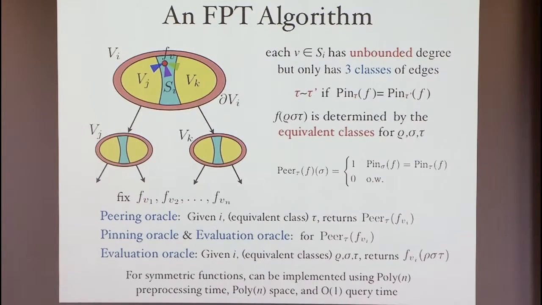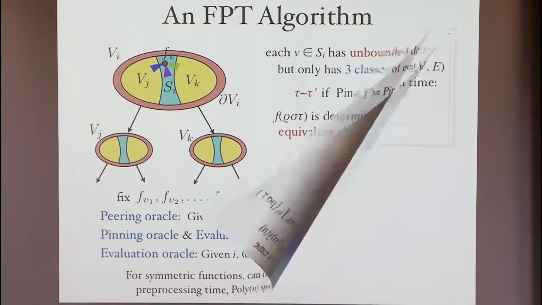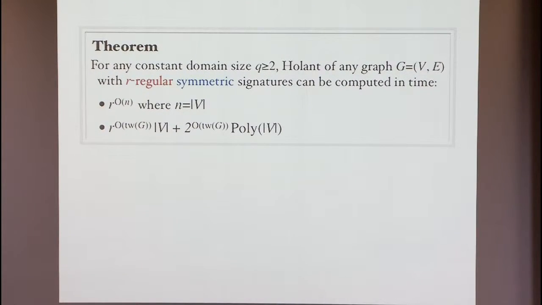And they can be efficiently implemented by data structures for all symmetric signatures. So we have this theorem, which says basically for Holland problems defined by finite state signatures, they are like spin systems. But that's only for symmetric signatures.